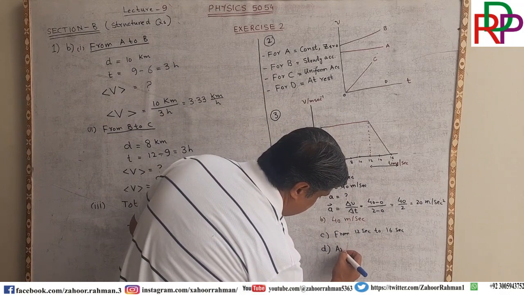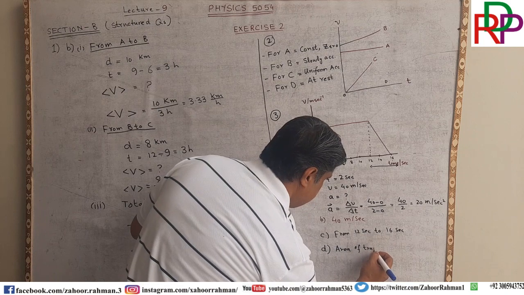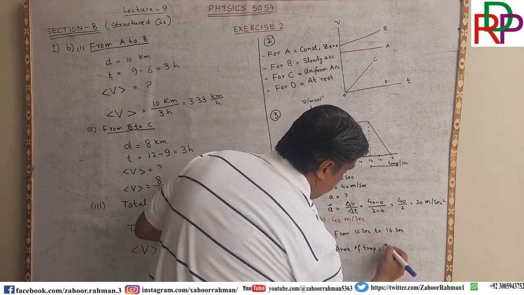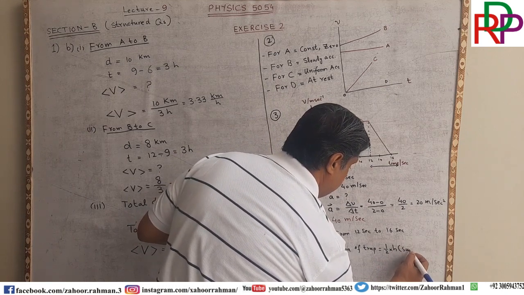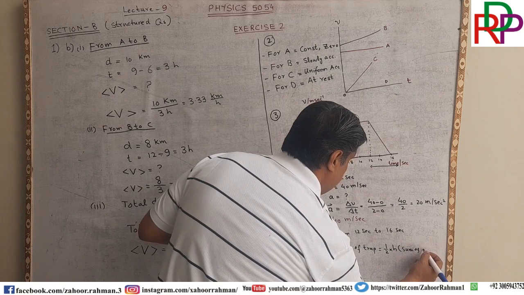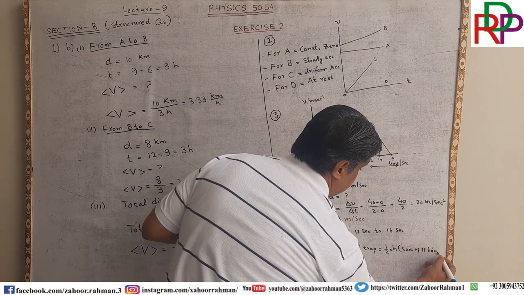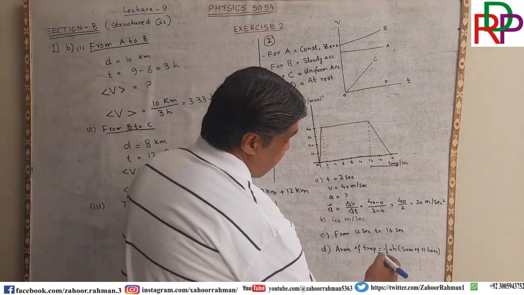Area of trapezium is equal to 1 over 2 into height into sum of parallel lines.